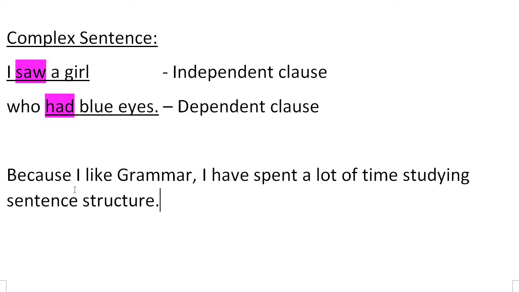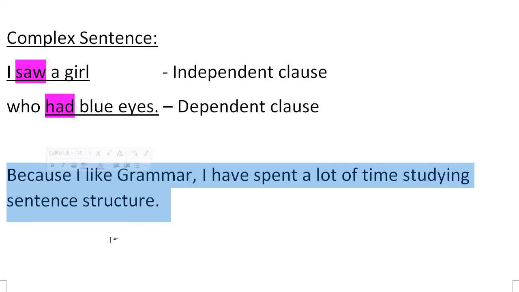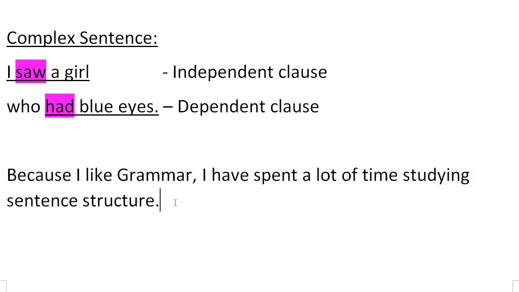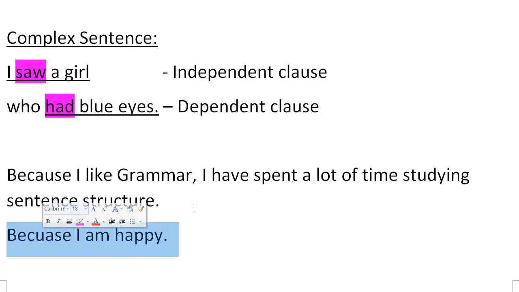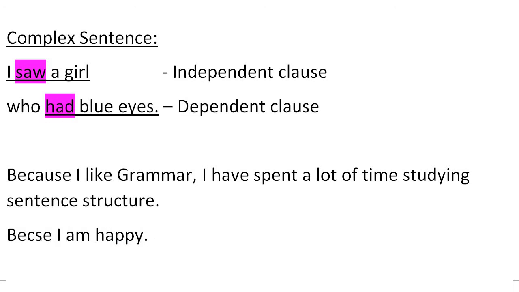You can't have because and then only one clause. That doesn't work, and that's mostly how people make the mistake of starting a sentence with because. They'll just say like, because I'm happy, and that's one clause. So let me just show you that. So this right here that I have highlighted is not a sentence. Oh, and I spelled because wrong.